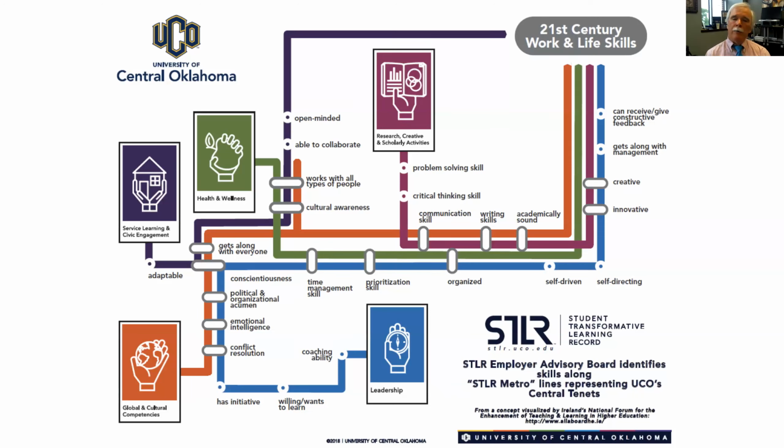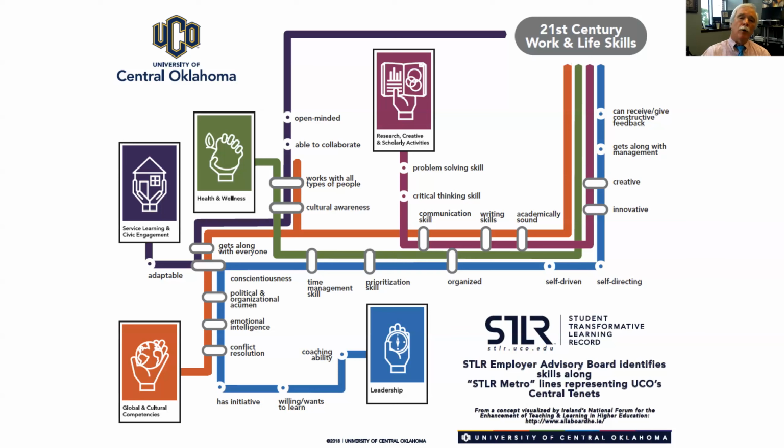And so we did round robin table groups, and those employers came up with just a list under each of these tenet areas. We laid them out in a metro map, and the transfer stations on the metro map are where there are skills that had been identified by these employers as connecting to one or more of these tenets.